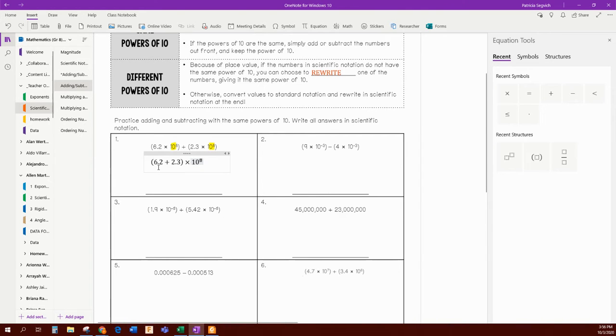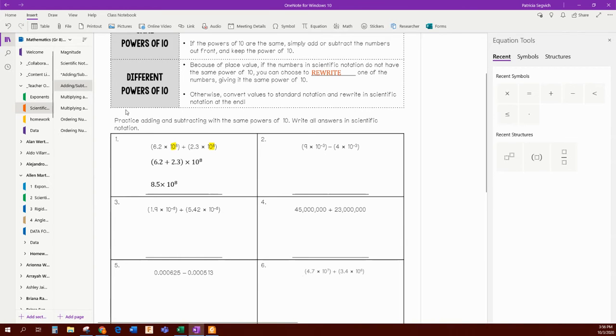So 6 and 2 tenths plus 2 and 3 tenths is going to get us 8 and 5 tenths times 10 to the 8th. And there's our answer.